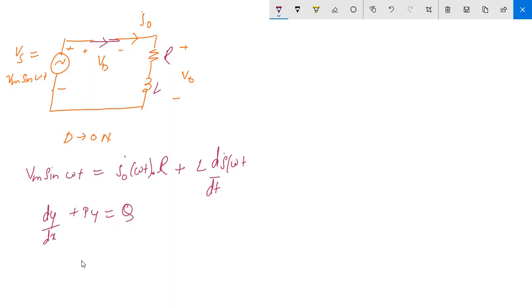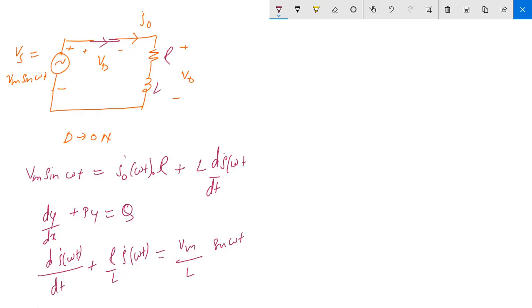You can rewrite this as di of omega t by dt plus R by L I of omega t equal to Vm by L sin omega t.